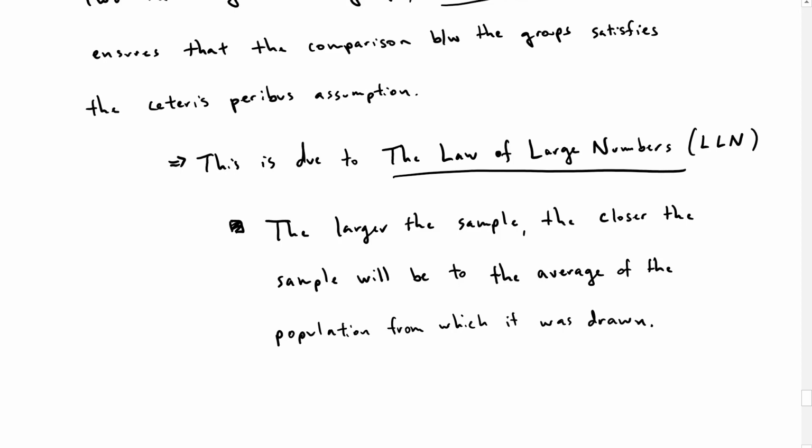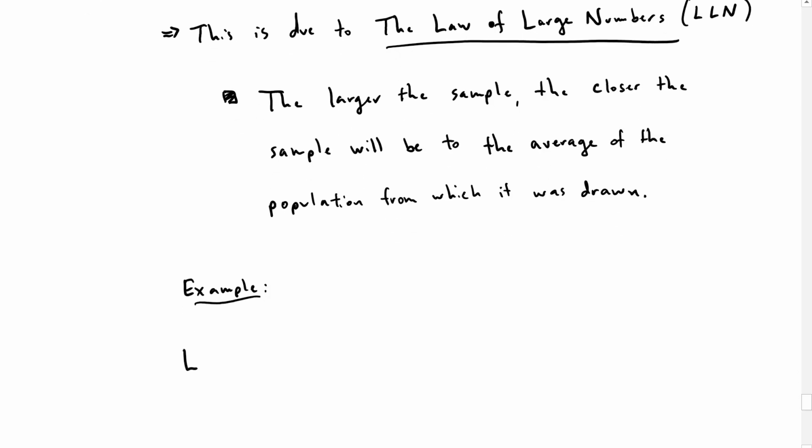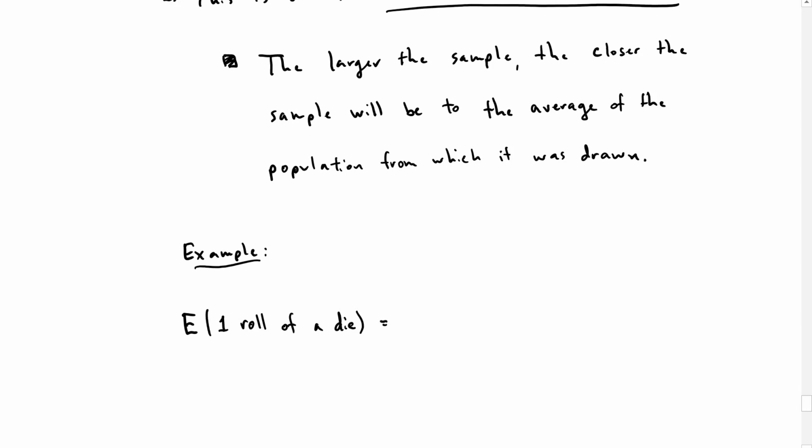So to make this a little bit more clear, let's use an example first with dice, and then I'll talk about it in a normal context. If we take the expected value of one roll of a die, a simple die with 6 sides, we can calculate that by looking at the individual probabilities of each event occurring.